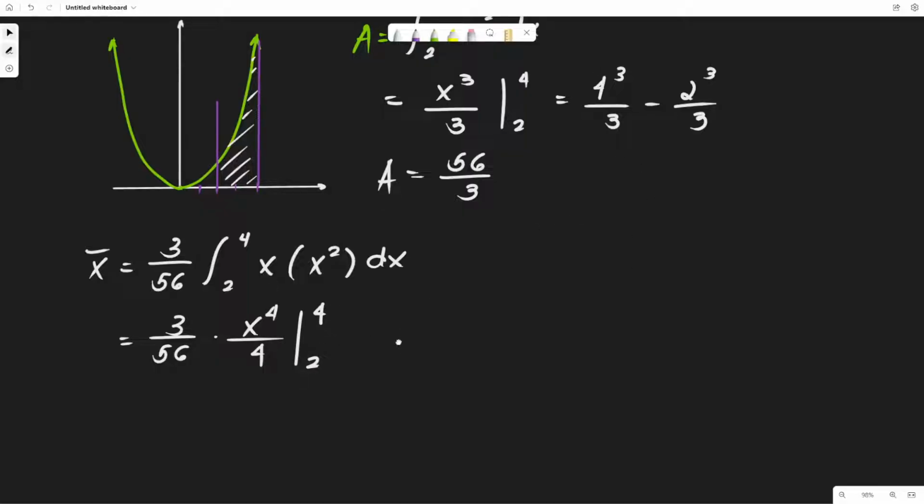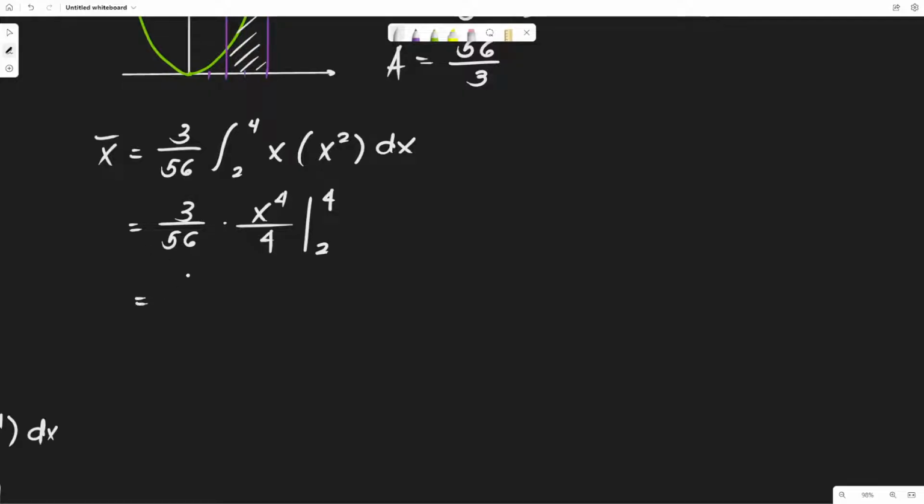So therefore we have 3 over 56 times 4 to the 4th over 4 minus 2 to the 4th over 4. So this becomes 3 na lang, and this is 2 over 2, right? So this becomes 2 na lang.